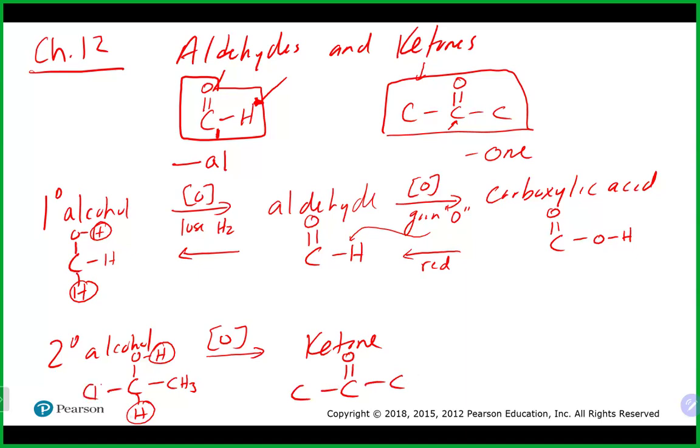And again, in terms of oxidation, we're not going to get anything further happening at that point. We could also obviously reduce it back. And again, that would be our reduction reaction, which is adding our hydrogens basically back in through there.